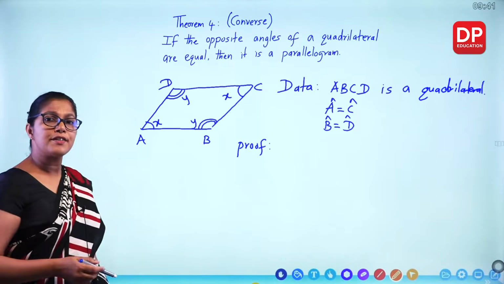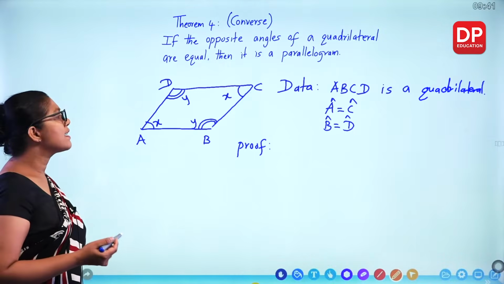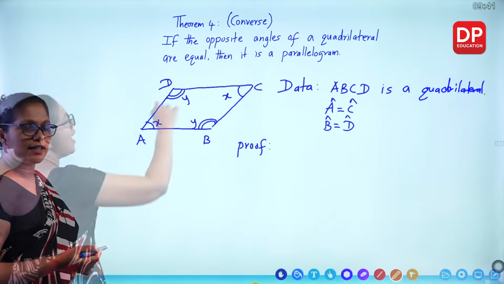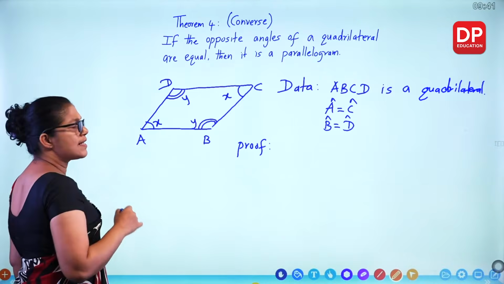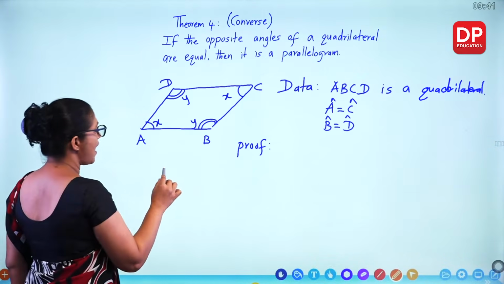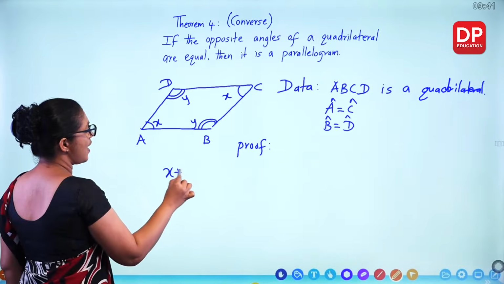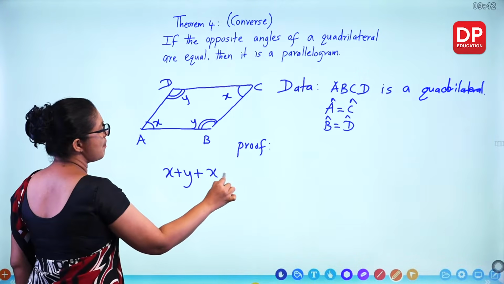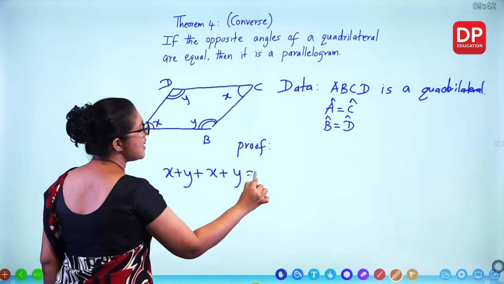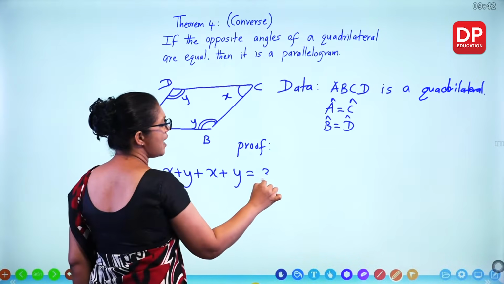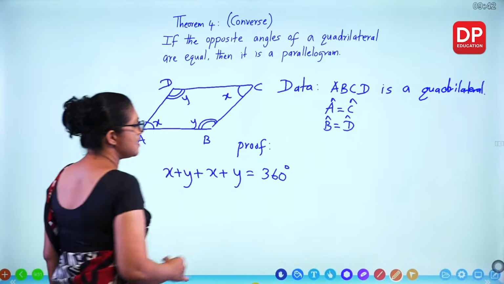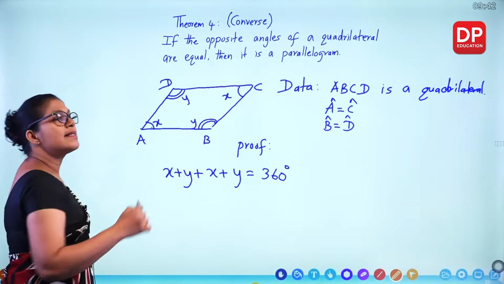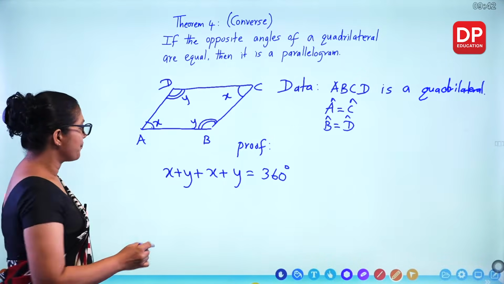This is a quadrilateral. What can you say about angles in a quadrilateral? They add up to 360. So I can write X plus Y plus X plus Y is equal to 360. That means all angles inside the quadrilateral.